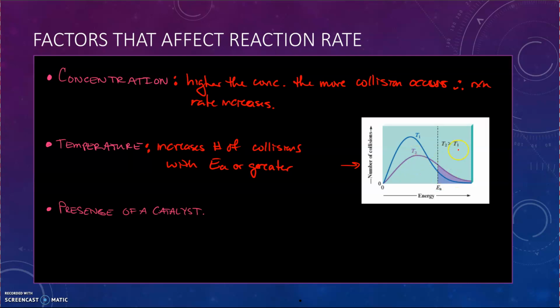So T2 is greater than T1 here. If it requires this much energy to react, the area under the curve gives you the number of molecules, essentially. And so at a higher temperature, there's just a larger area. You have this additional area, so you have more collisions occurring with enough activation energy, and that increases your rate.